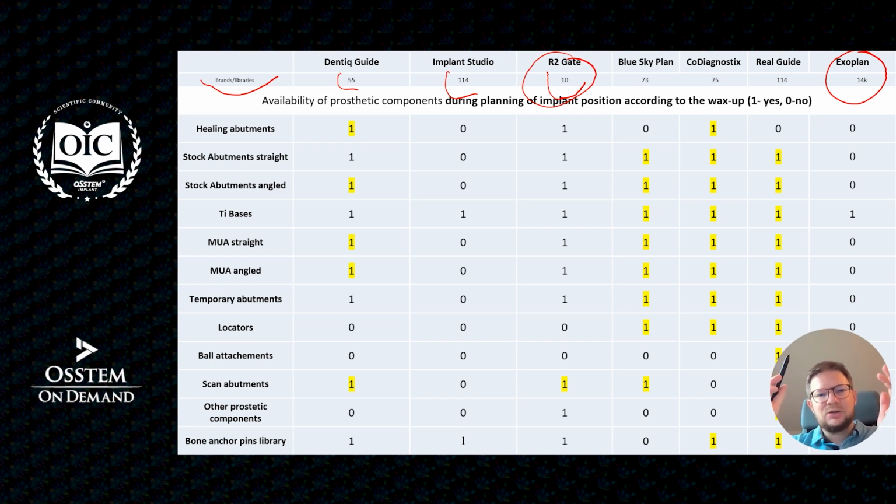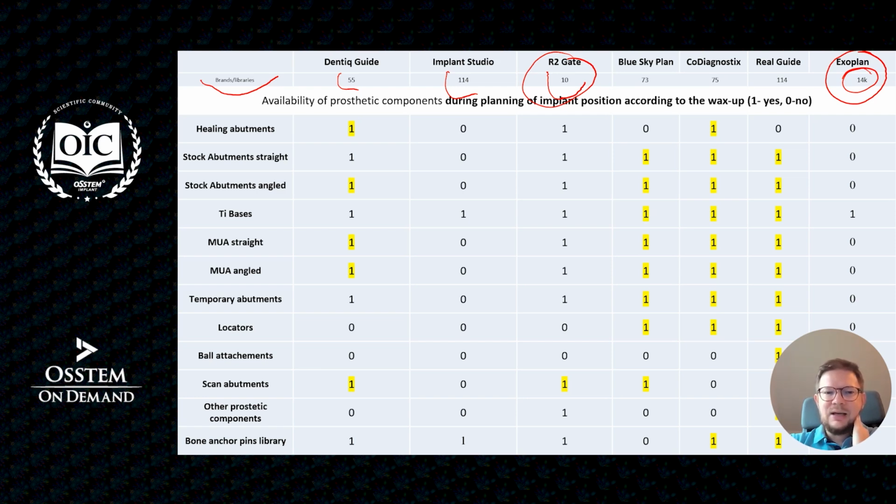So for example, for Implant Studio, you have Implant Studio as an implant designing or planning software, and then you have Dental System, which is a laboratory software for planning and designing the prosthetic parts. The same is, for example, for ExoPlan, whose extension for the lab is ExoCAD, a very strong, powerful software. But these components are available in ExoCAD, not in ExoPlan.